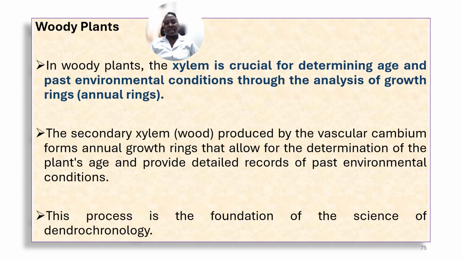So in woody plants now, the xylem is crucial for determining age and past environmental conditions through the analysis of growth rings, also known as annual rings. This process is done by dendrochronologists.